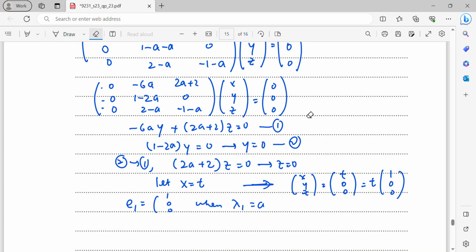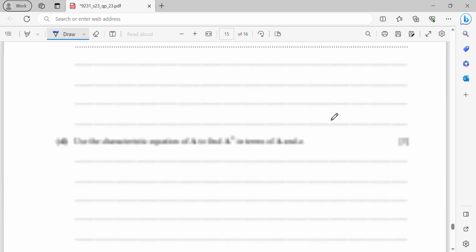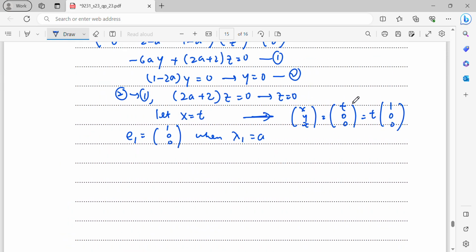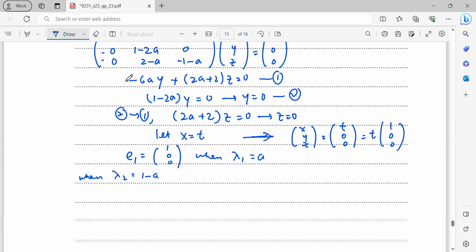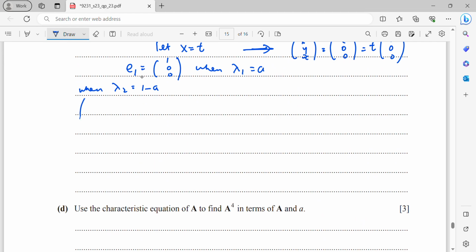Okay, so now I have to redo it for lambda 2 and lambda 3. So not enough space. Okay, so when lambda 2 equals to 1 minus a, right? Then I will just replace this by 1 minus a. So I will get a minus 1 minus a, 0, 0.